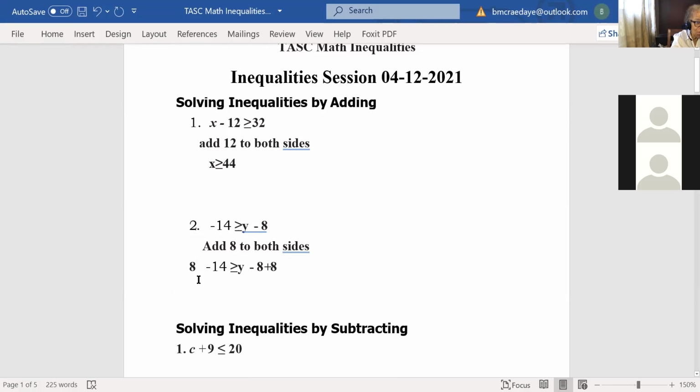Okay, so what do you get on the left side? 22? A plus 8 and a minus 14. Oh, minus 6. Plus or minus, minus. Okay, minus 6. And what do you get on the right side?